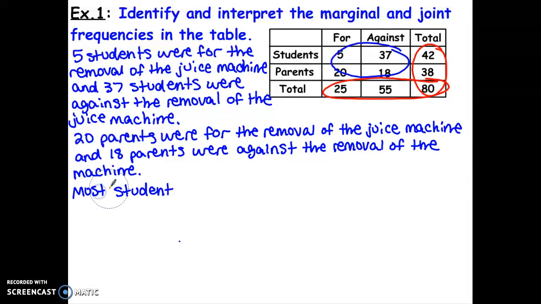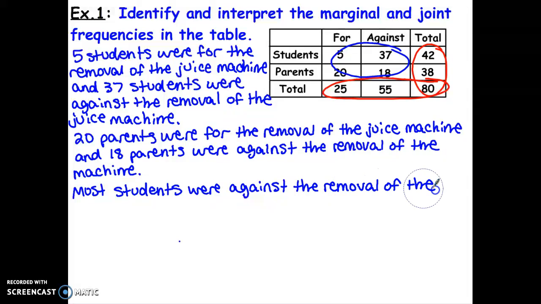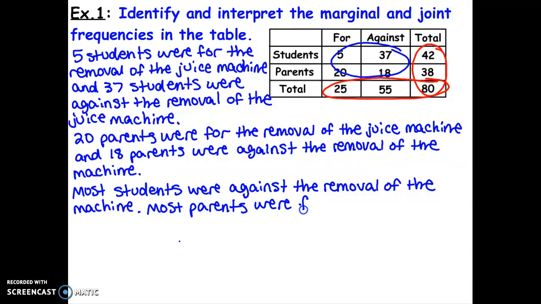So most students were against the removal of the machine, whereas more parents were for the removal of the juice machine.